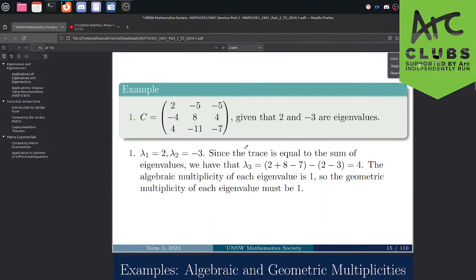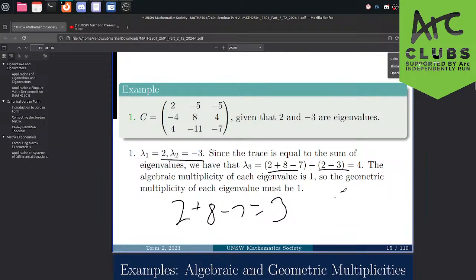So for this one, we're given the eigenvalues. The trace is the sum of the diagonal entries. So in this case, it's 3. And we subtract off these eigenvalues, so we subtract off 2 and subtract off -3.